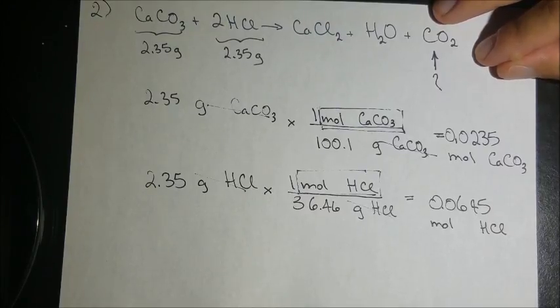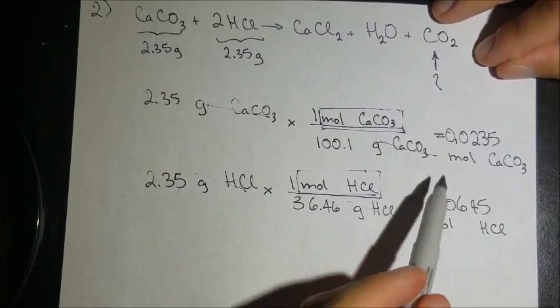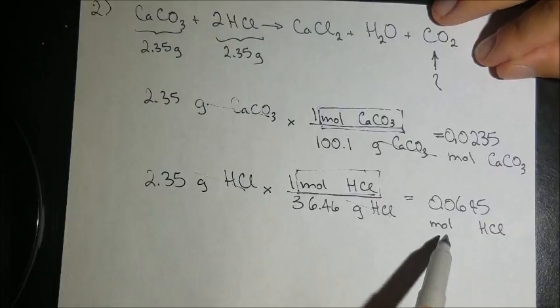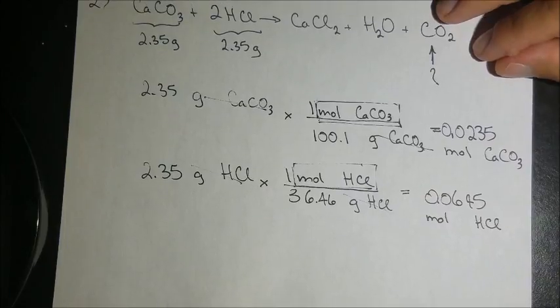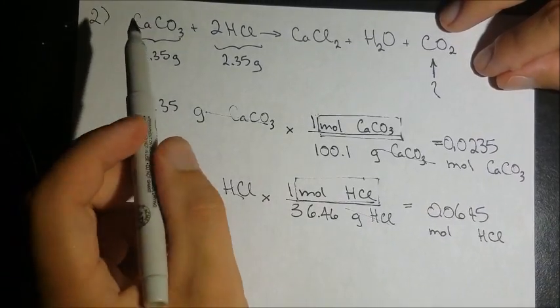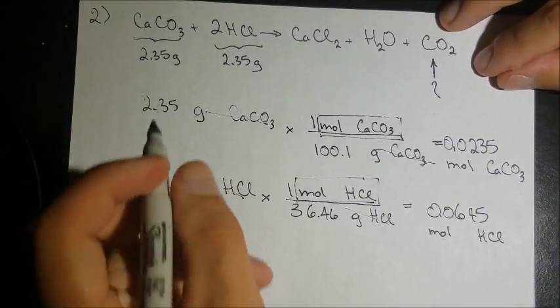We have moles. Now we have to figure out, okay, there's this many moles of calcium carbonate and this many moles of HCl. How many moles of CO2 are we going to make? And in order to do that, we just set the problem up like we've always been doing. Let's go ahead and do calcium carbonate first.